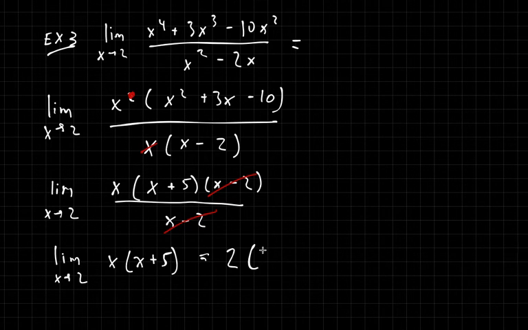We get 2 times 2 plus 5. So this is just 7. So 2 times 7 is 14. So once again, we have arrived at the true value for the limit, rather than what the input of that function was, which was undefined, right?